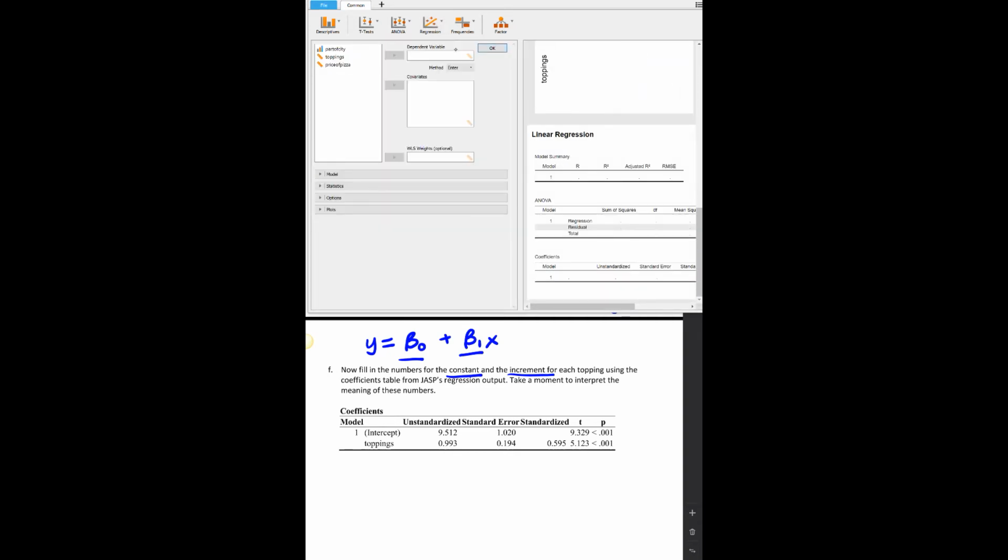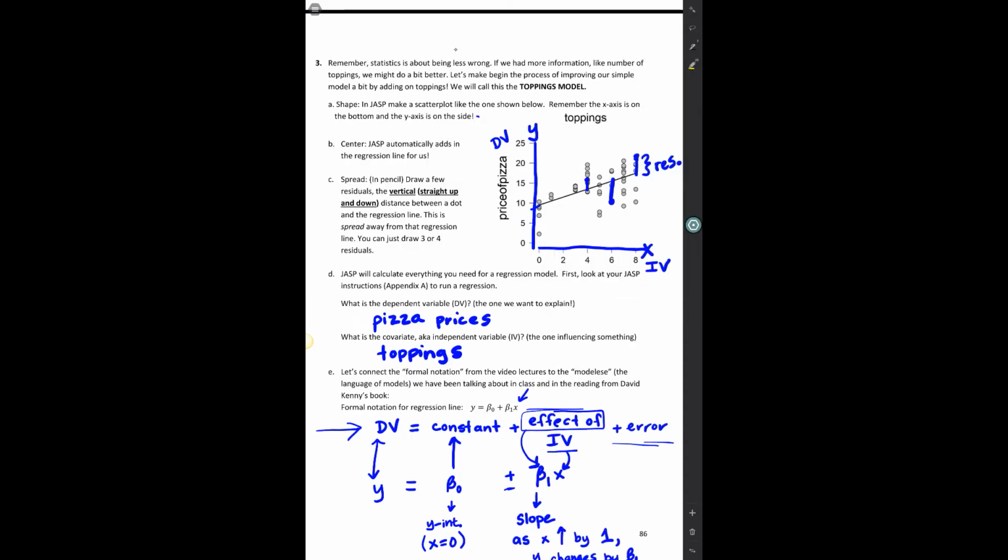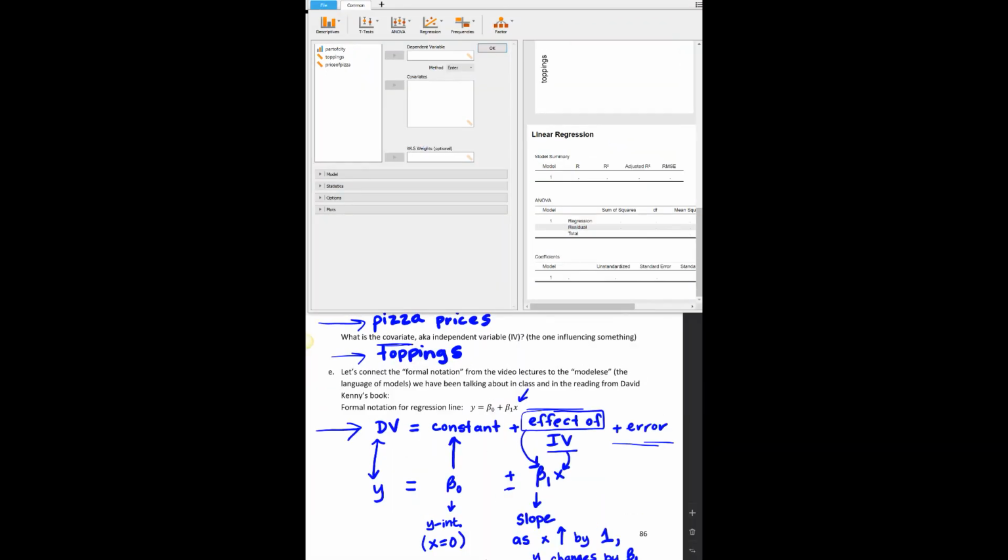Now this is where it matters which one of our variables is our dependent variable and which one is our independent variable. So if you remember, previously we wrote that our dependent variable is the price of pizza, and our independent variable, or what we're going to end up putting into our covariate box when we switch back, is the toppings.